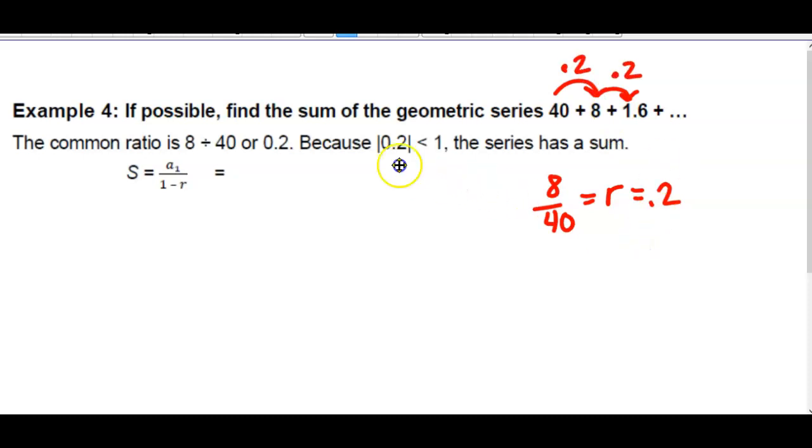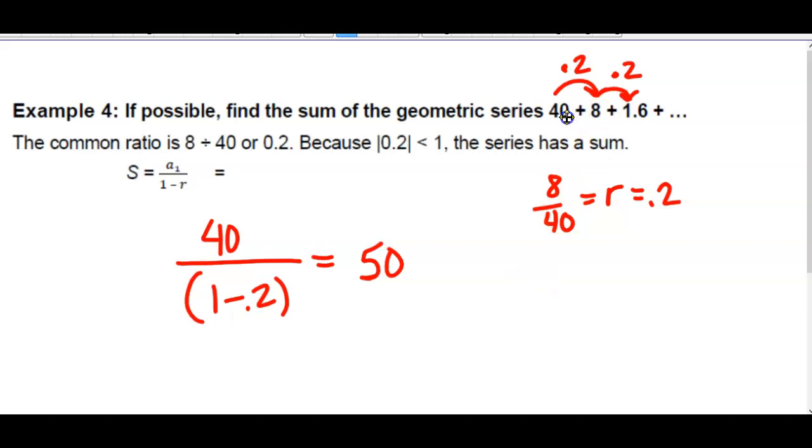Because r is less than 1, you can find the sum that the entire series would eventually approach if you add it up, because you're adding up smaller and smaller amounts. So you would say the first term is divided by 1 minus 0.2, and that's what will approach. So 40 divided by the quantity 1 minus 0.2 is 50.